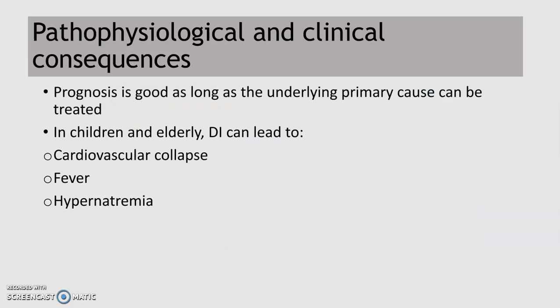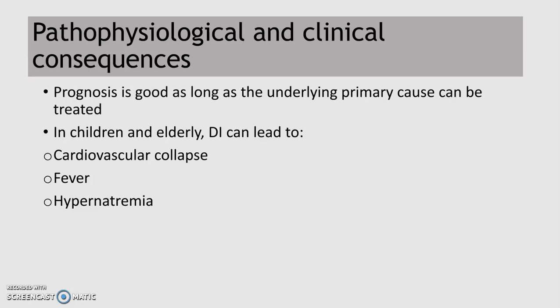So, the pathophysiological and clinical consequences of DI. The prognosis is good as long as the underlying primary cause can be treated, such as the lithium toxicity or the hypercalcemia. Those two can be treated. But in children and elderly, DI can lead to cardiovascular collapse, fever, and hypernatremia.